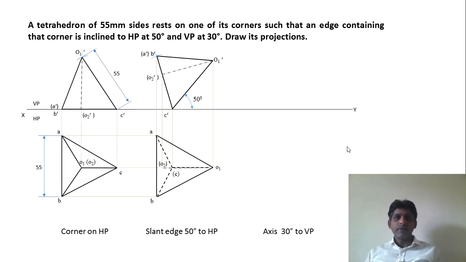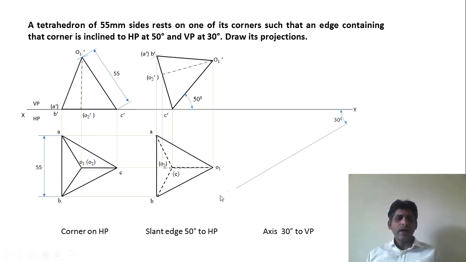we have to first decide whether to solve this by direct method or by locus method. So let us see how to do that. Now the actual length of this is 55 millimeters, which is given. Okay, that is its true length. But in this view, we observe that this length has changed.